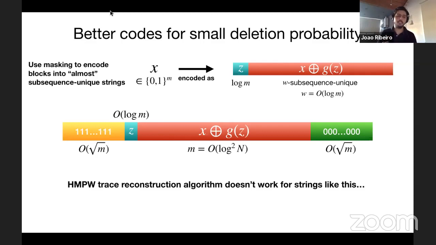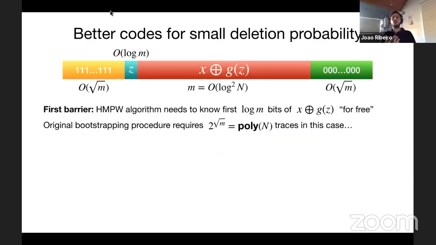I'm just going to present the first barrier that we run into when we try to make it work, which is that, if you recall, there is a bootstrapping step in this HMPW algorithm where you need to know the first few bits, in this case of X plus G of Z, for free. The problem now is that X plus G of Z is in the middle of the string. So you need way too many traces for the bootstrapping. In fact, you would need poly N traces, which is just too much.